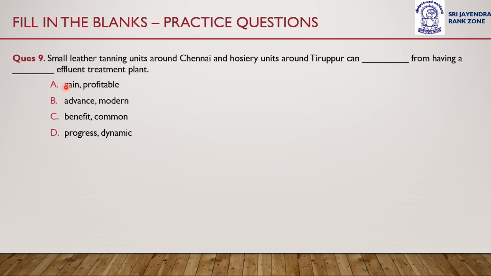So the options are gain and profitable, advance and modern, benefit and common, and progress and dynamic.